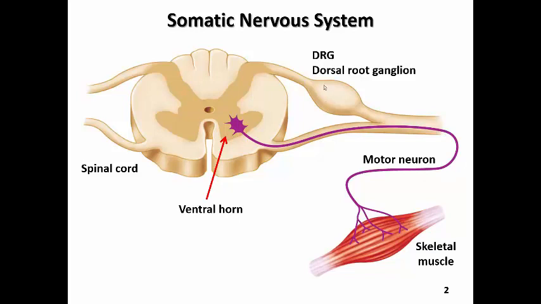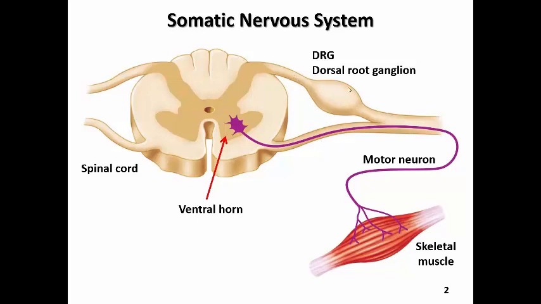The posterior or dorsal side of the spinal cord is the pathway for entry of sensory information. So motor information exits the spinal cord on the anterior or the ventral side, and sensory information comes in on the dorsal or posterior side.